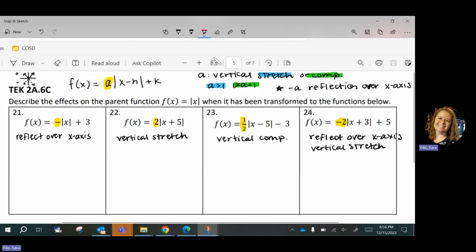All right, so then your H is subtracted on the inside. Now that could be a plus, but in the formula it's a minus. So if it shows up as a plus on the inside, like here, that means you're subtracting a negative, because minus a negative changes it to plus.